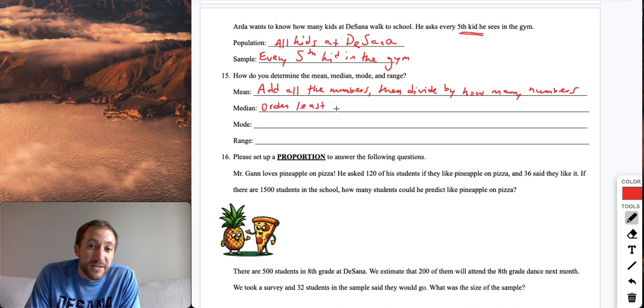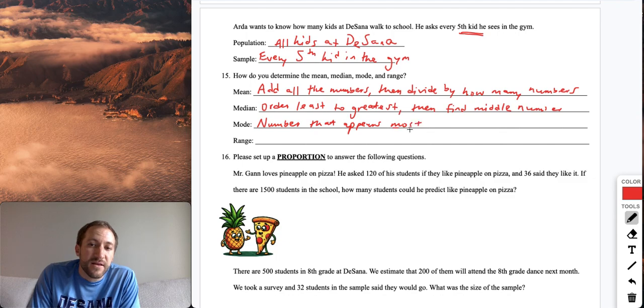You do have to do that. That's the important first step. Then find the middle number. So the median is just the number right in the middle. The mode, that's just the number that appears the most.